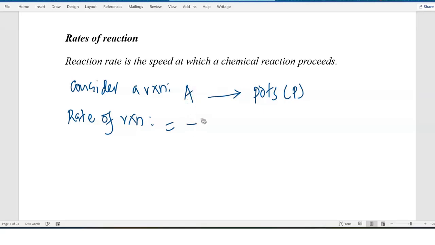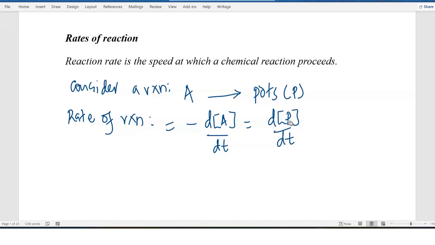So if it is disappearing, we shall say it is d concentration of A with respect to time. And this is equal to, we can as well say, the rate at which the products are formed.